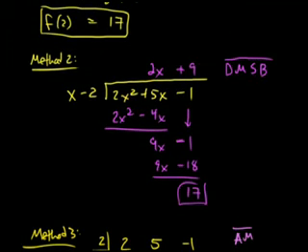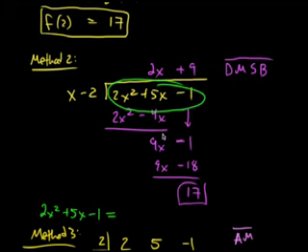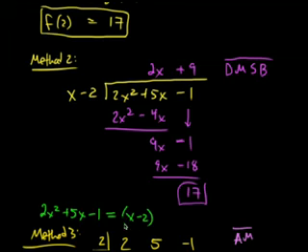And actually, I'll just write that out here. Basically, what they end up saying is that 2x squared plus 5x minus 1, my dividend, will actually equal my divisor, multiplied by my quotient, plus my remainder.